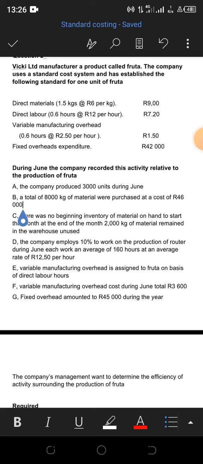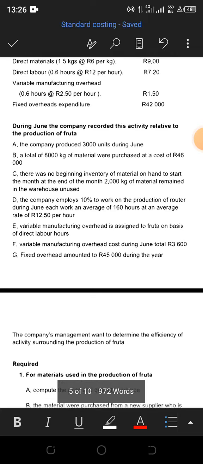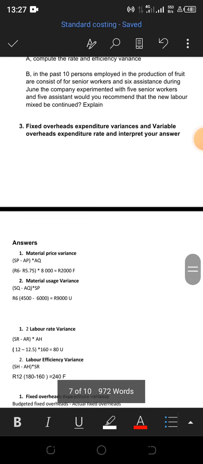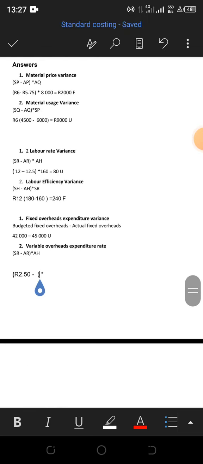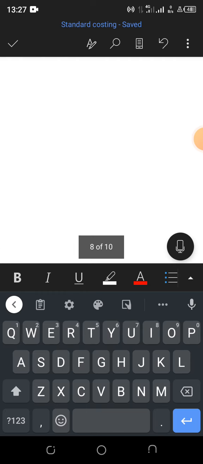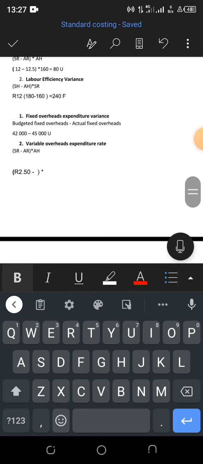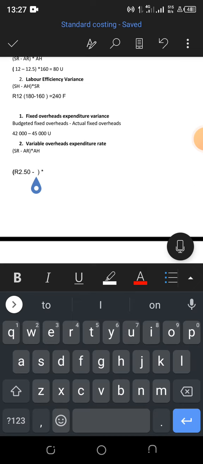Then we go back to 3,600 and divide by 1,800. You will get the actual rate per hour, which is 2 rand.